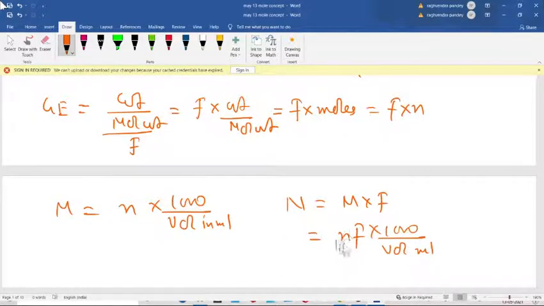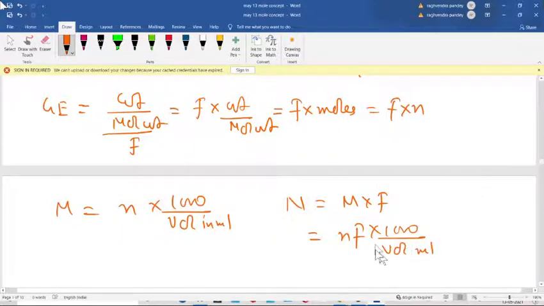This part is your molarity and F is your F factor, that is your gram equivalent. That is why we write this. Now we don't use normality much, because we know equivalent weight and all this. Normality is used only 5 to 10% of the time.